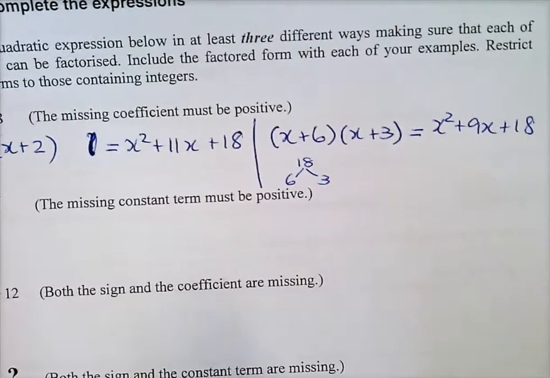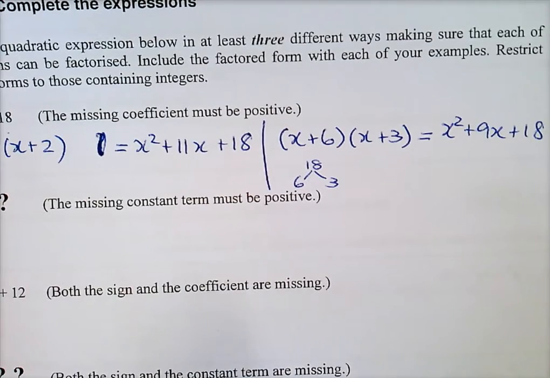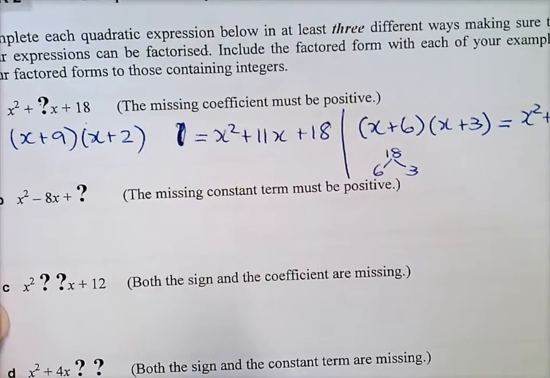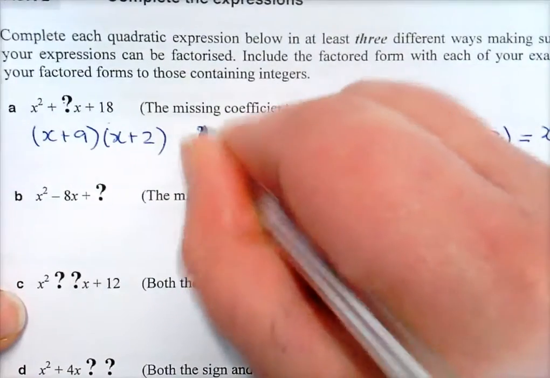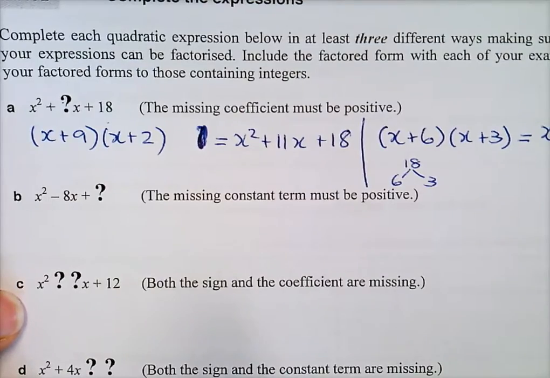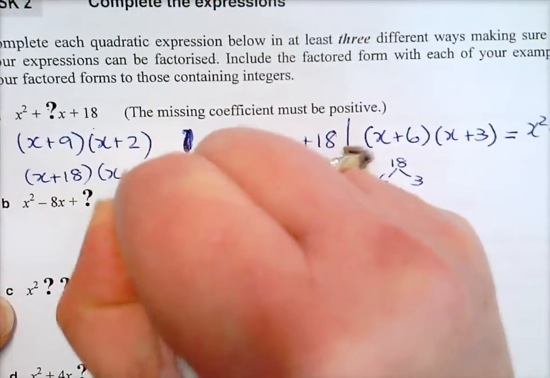Think of another one. 9 times 2 is 18. 6 times 3 is 18. 18 times 1 is 18. Yeah, that's the trick one. The last one could be x plus 18, x plus 1.